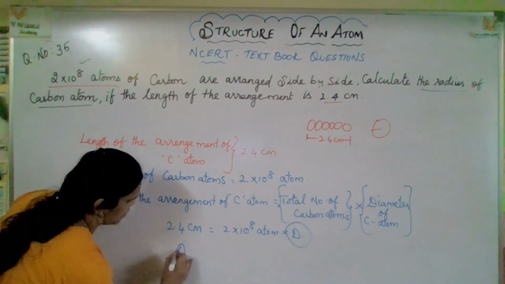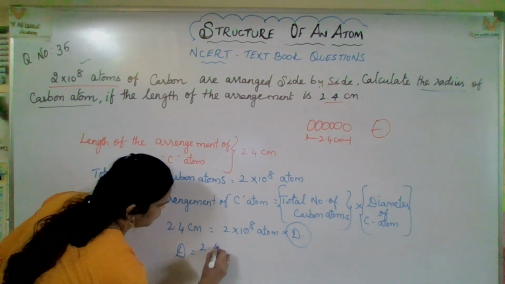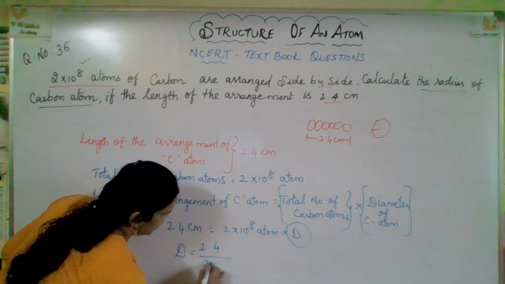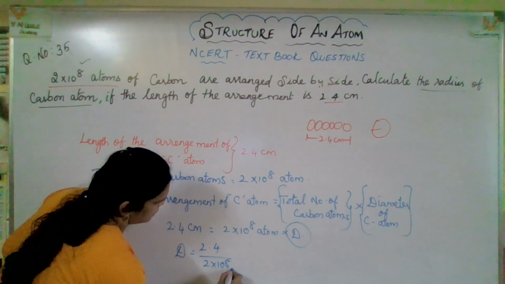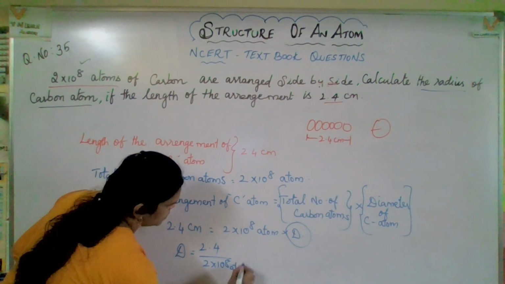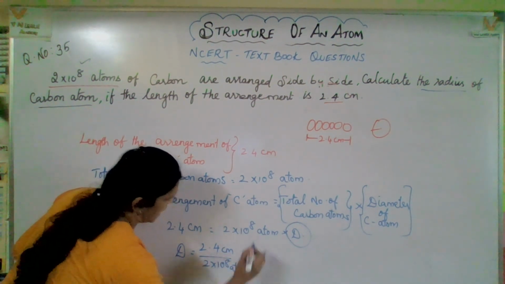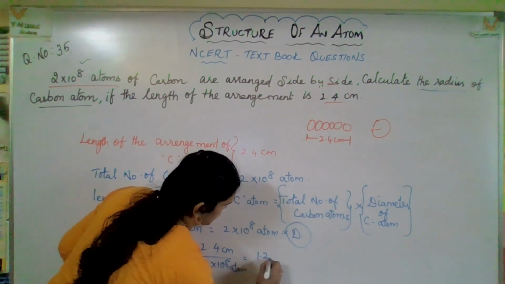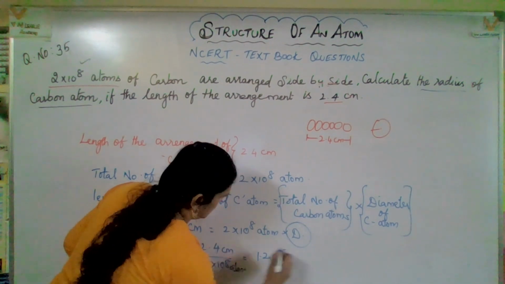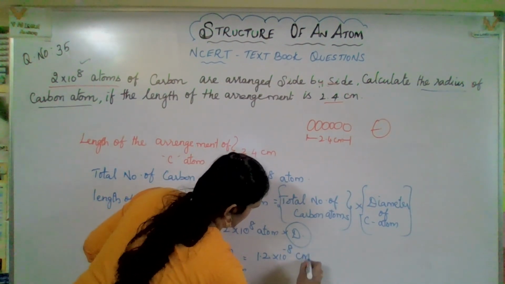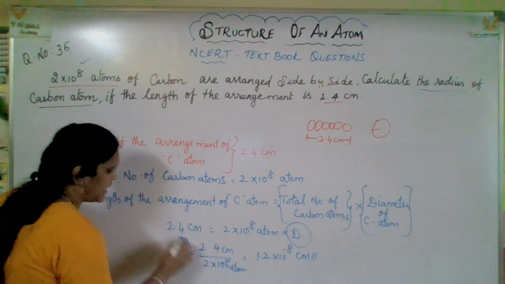So D is equal to 2.4 divided by 2 into 10 to the power of 8 atoms. This is centimeter and this is atom. So you will get 1.2 into 10 to the power of minus 8 centimeter. So this is the diameter.